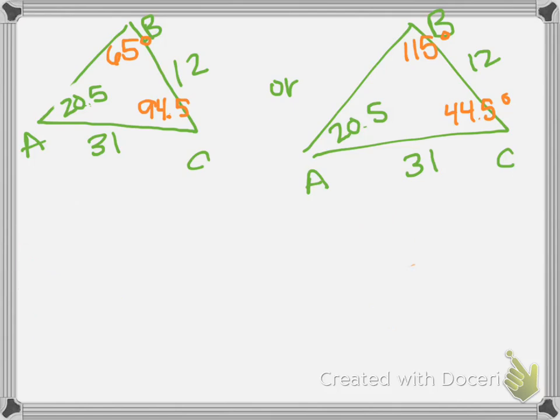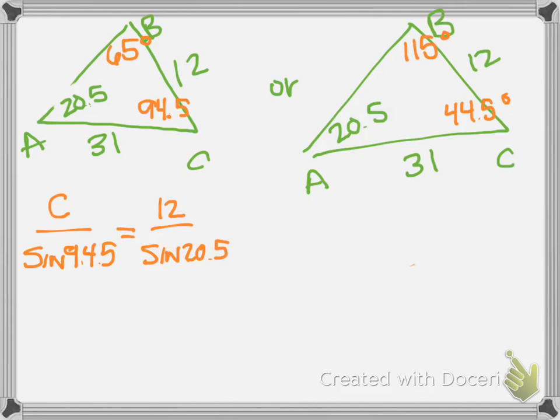So, if I look at my triangle on the left, I can find side C by taking the sine of 94.5 equals, and again, I'm going to use my side A because that was given to me in the problem. Now, you guys should be really, really good at this right now. I multiply both sides by the sine of 94.5.